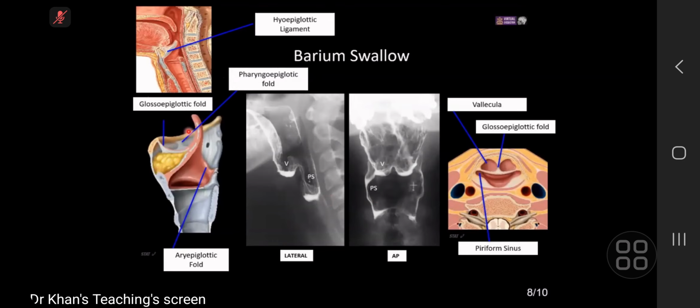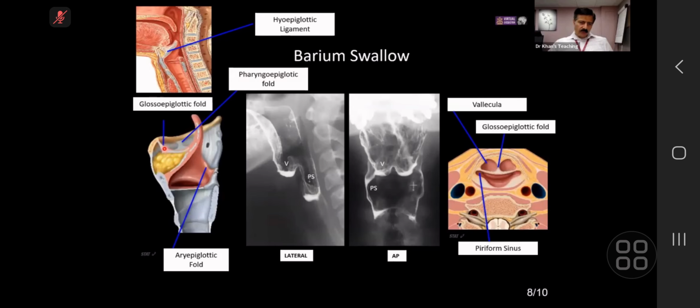Look at this picture. Epiglottis, and this is that glossoepiglottic fold, and this is pre-epiglottic fold. And on an axial diagram, same thing here, epiglottis, and this is the glossoepiglottic. This space here is the vallecula, this is the vallecula. This is the piriform sinus, this is the piriform sinus.